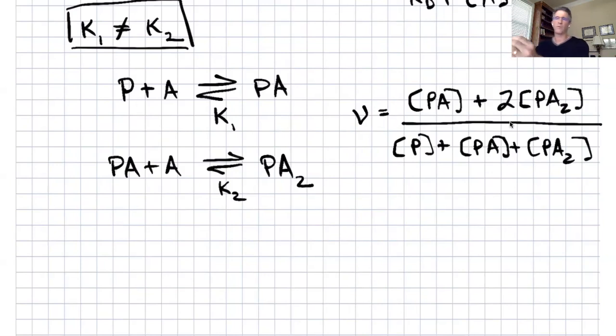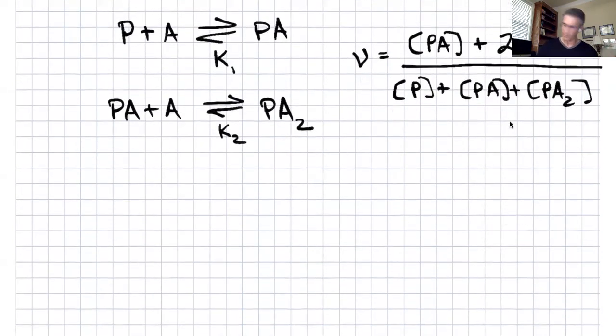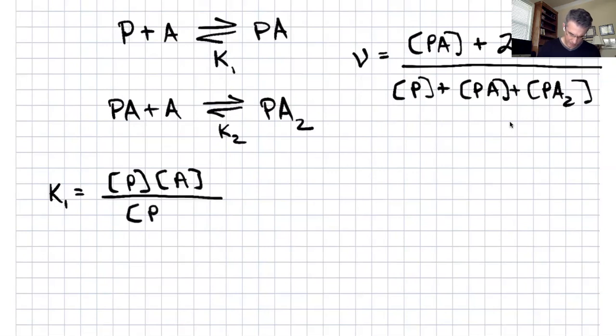Okay, so we want to go through this exercise of how we substitute into that expression to get a degree of binding in simple terms with as few variables as possible that we could actually use, say, to fit data. All right, well, let's rearrange these expressions a little bit. Let's take K1 here, and we're going to define it as the concentration of P times the concentration of A, divided by the concentration of PA.